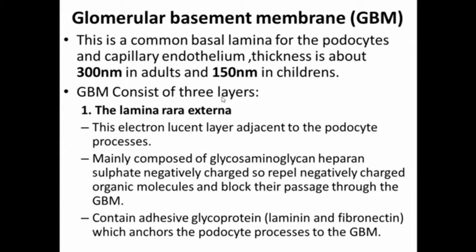This is the electron-lucent layer adjacent to the podocyte process, and mainly composed of the glycosaminoglycan heparin, which is negatively charged, so repel negatively charged organic molecules back and block their passage through the GBM. Contain adhesive glycoproteins, that is the laminin and fibronectin, which anchors the podocyte process to the GBM.